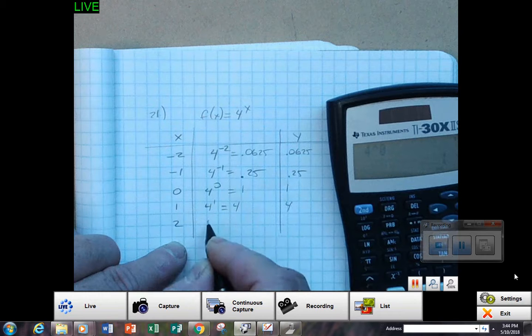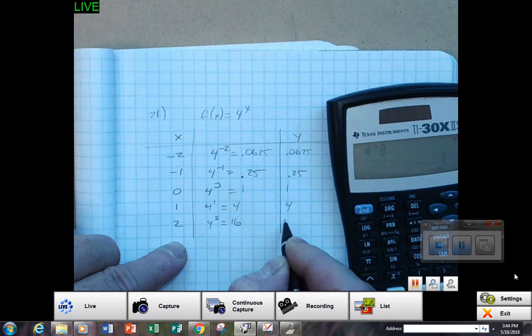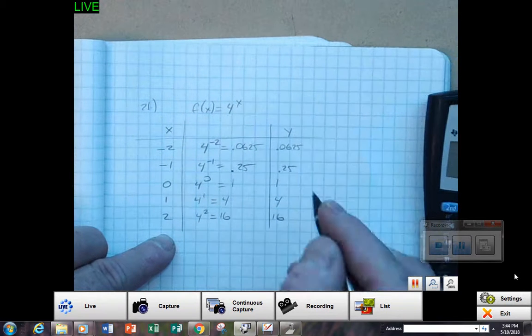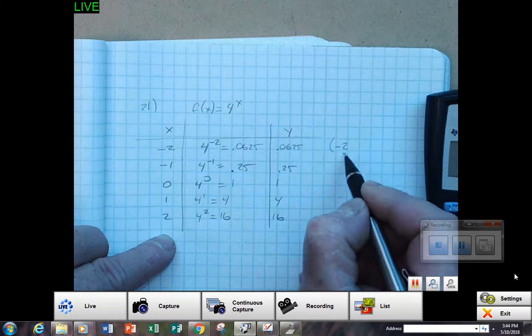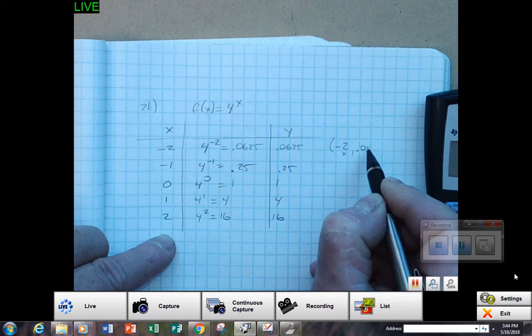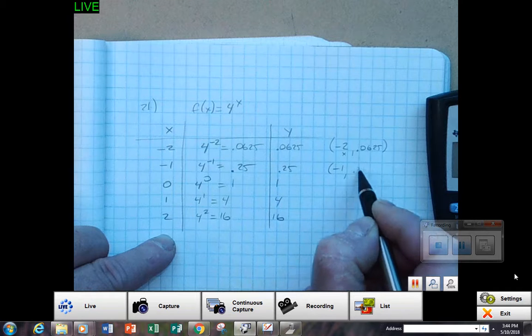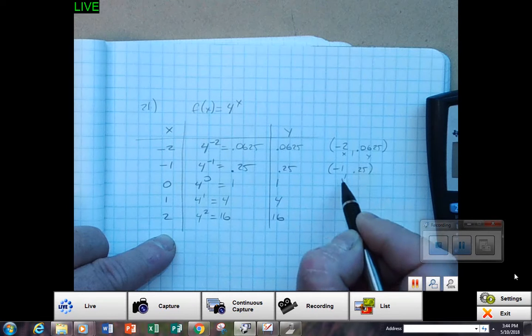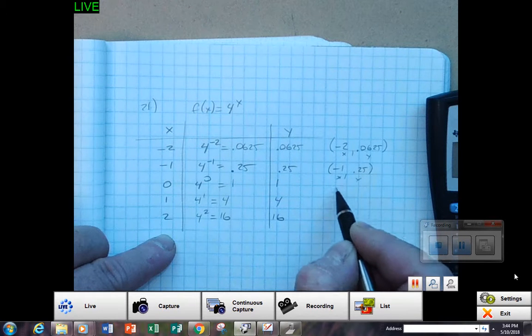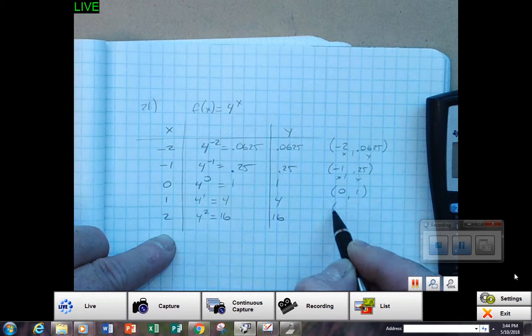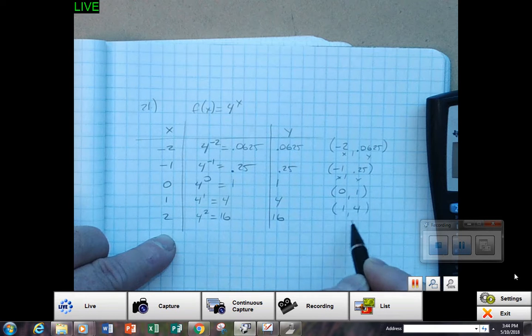When I plug in 4 to the second, it gives me 16. So those are my coordinates to plot. Negative 2 for x, barely going up, 0.0625 for y. Negative 1 for x, going up a quarter for y. 0 for x, 1 for y. 1 for x, 4 for y. 2 for x, 16 for y.